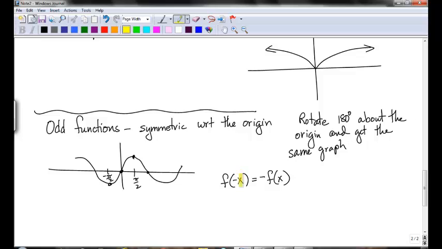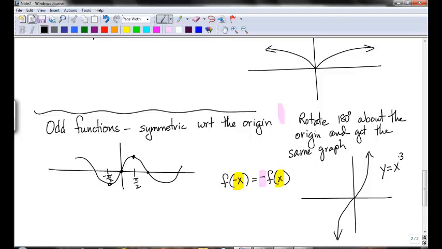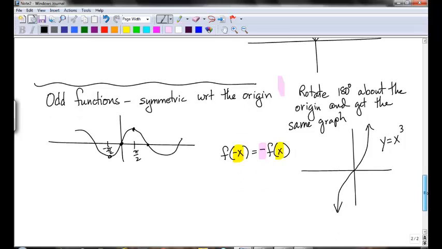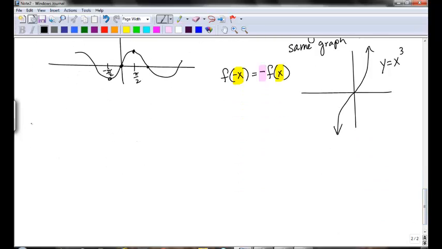Another example is a cubic graph, like y equals x cubed, which looks like this. If you put a point at the origin and rotate it 180 degrees, you're going to get the same graph.